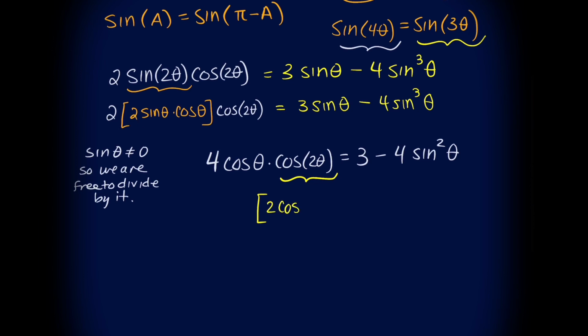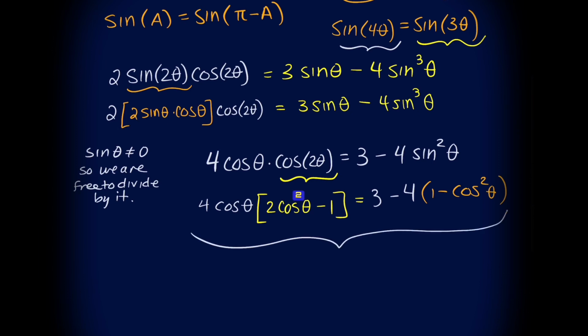And now employing a double angle formula for cosine and a Pythagorean identity for sine squared, everything in this equation can be written in terms of cosine theta. And you see, theta here really represents pi over 7. So by finding cosine of theta, we're really finding the cosine of pi over 7.